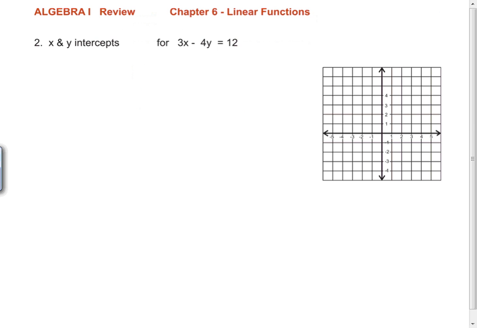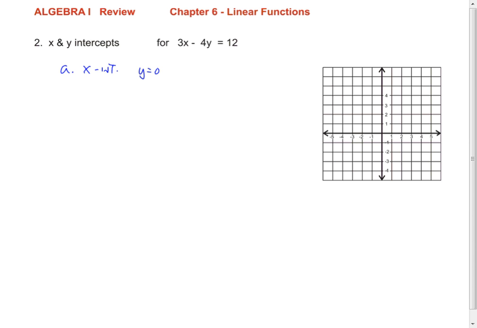Okay, second scenario, x and y intercepts. For this situation, we've got 3x minus 4y equals 12, and we want the x and y-intercepts. For an x-intercept, any x-intercept, the y-coordinate is 0, so you set y equals 0.